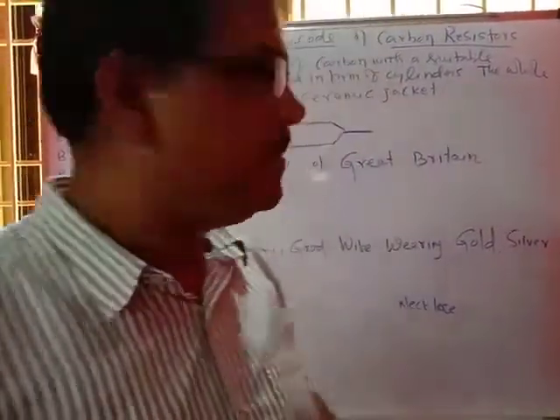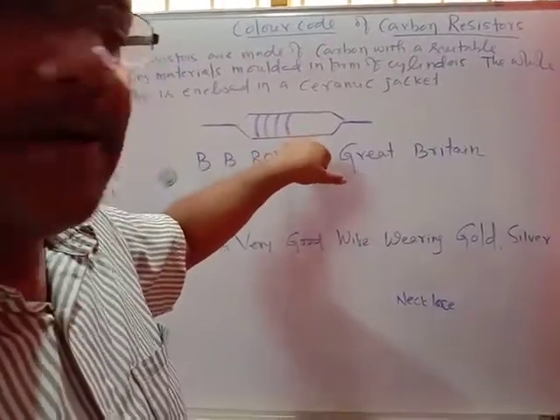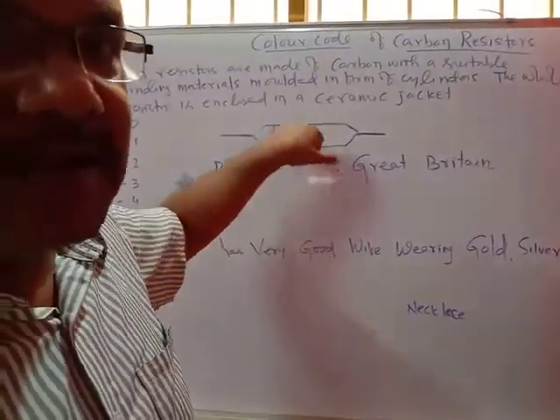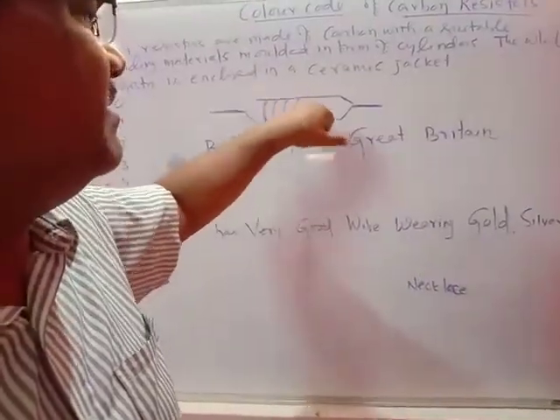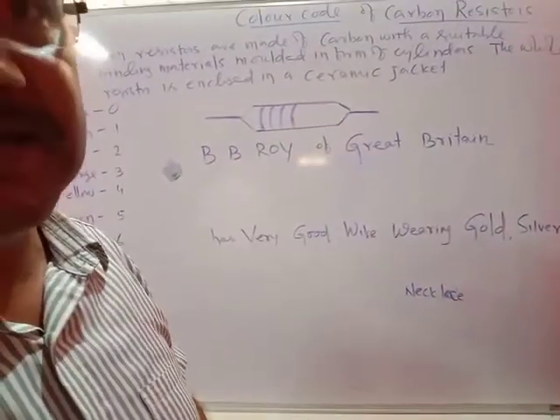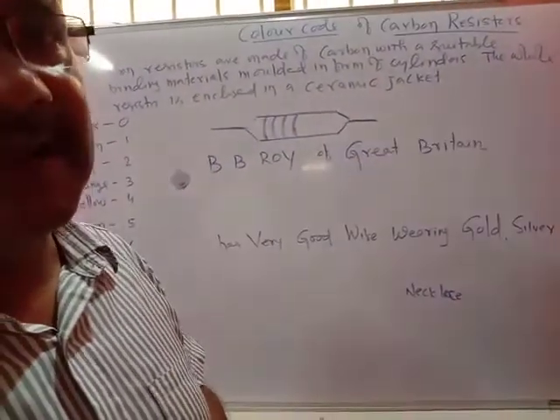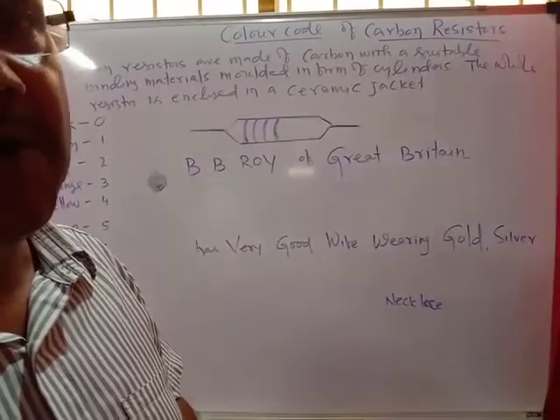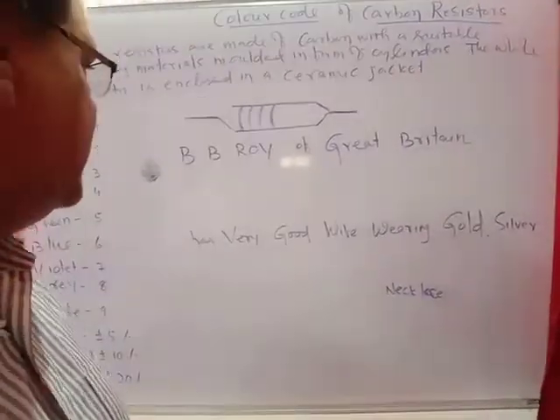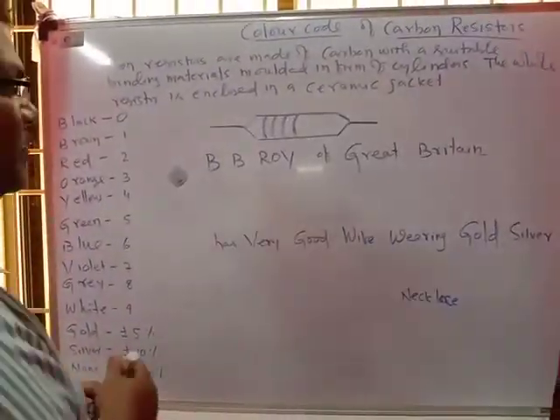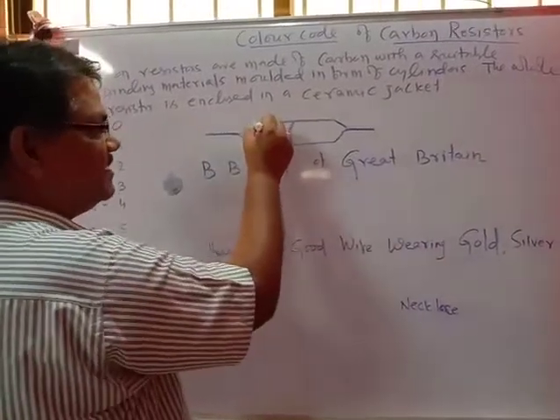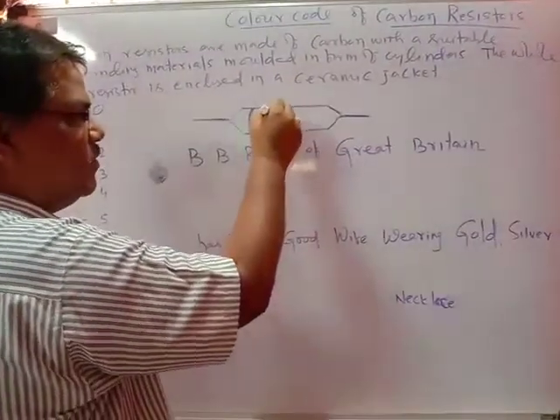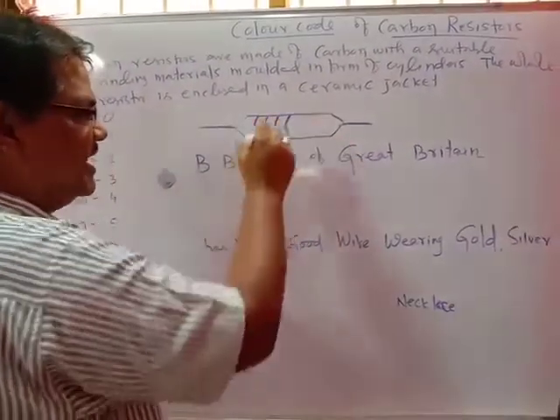To avoid that difficulty, color bands are printed on the carbon resistor, and by seeing the color code we can identify the value of the resistance. We find only four bands, four different colors.